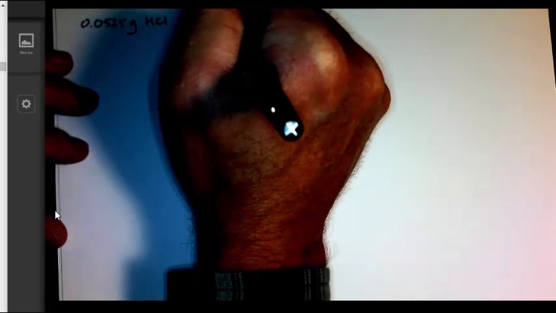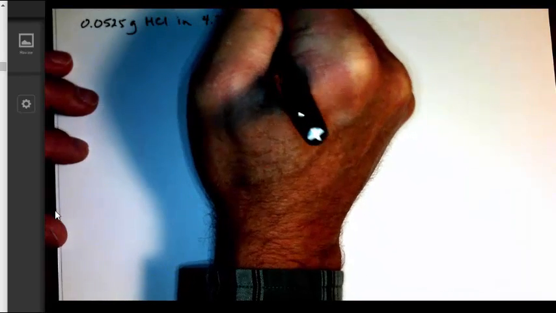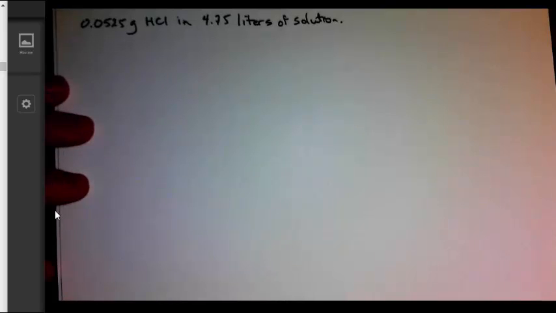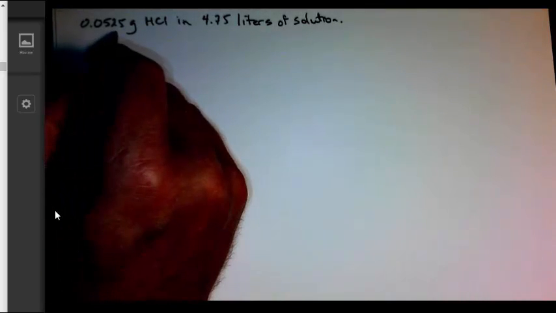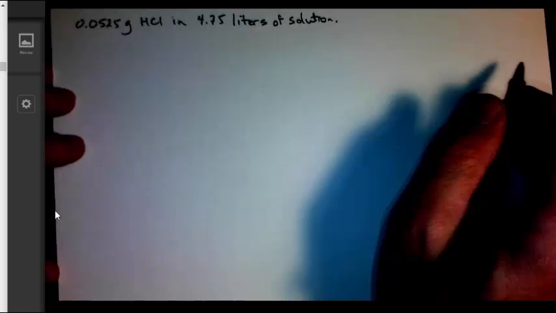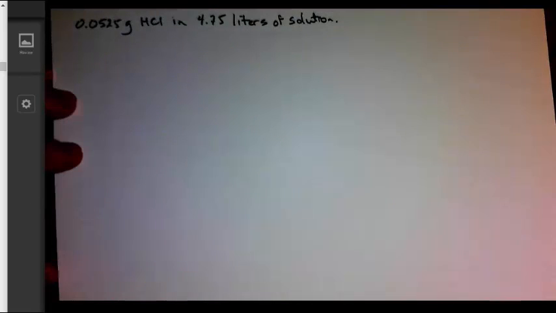Let's say I have 0.0525 grams of hydrochloric acid in 4.75 liters of solution. Okay? So, in order to find the molar concentration, this is like the entry point. Let me go back over here to that slide presentation.